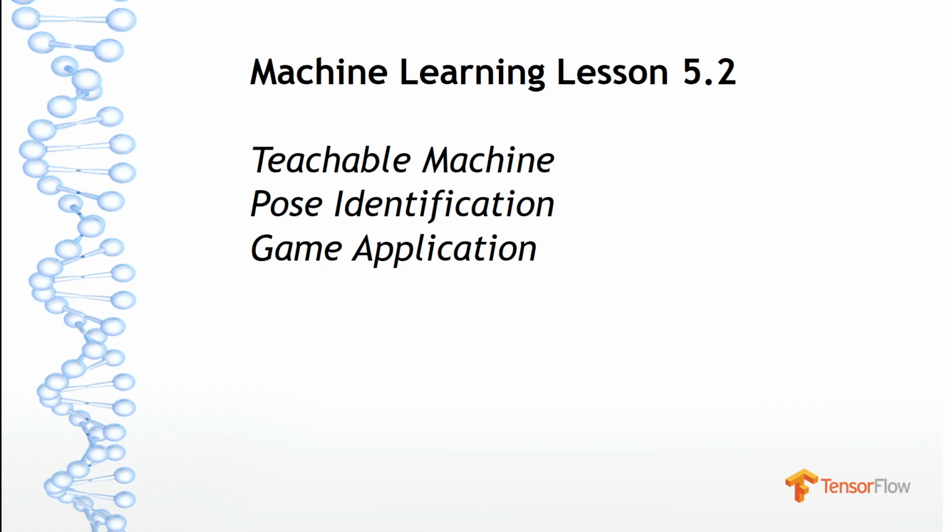What matters is that your particular game at some point has some kind of control mechanism. And we can use those classification names that get produced from the model as it's predicting what position or what pose you're in to determine, okay, I'm going to use that as part of my control system instead of or in conjunction with the existing control system. So hopefully you're excited about adding pose identification to your game, and enjoy.